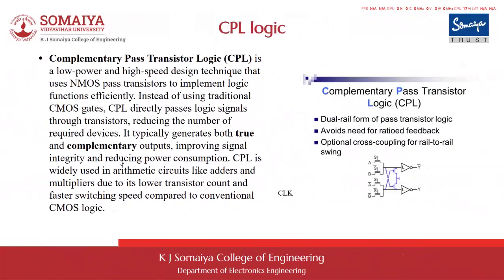So moving on, complementary pass transistor logic. It is a better method of making a schematic as compared to static CMOS logic, because over here we require a smaller number of transistors, and it is more efficient as compared to static CMOS logic.